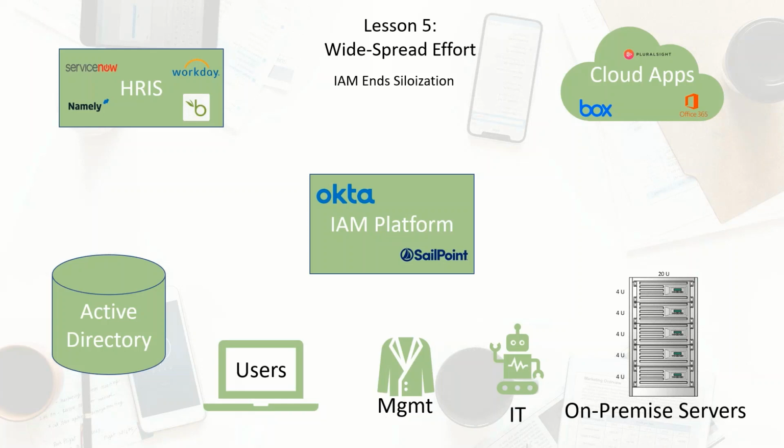In the various use cases we've discussed here, we've mentioned how, for instance, our HRIS has to be a component of that. That means we need to get HR involved. We also need to get HR involved to make sure that our initial onboarding processes are accurate and consistent with the way that we practice things in the past, and that they're going to meet our objectives in the future.